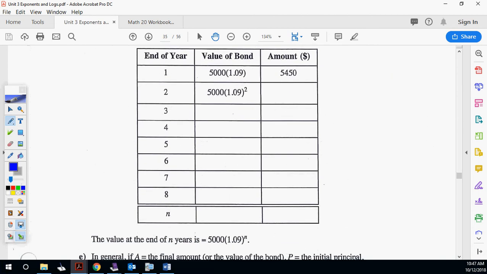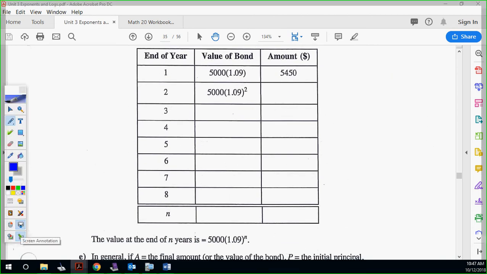The table they have is for 8 years, so we can compare.